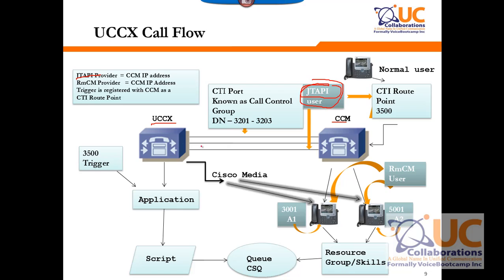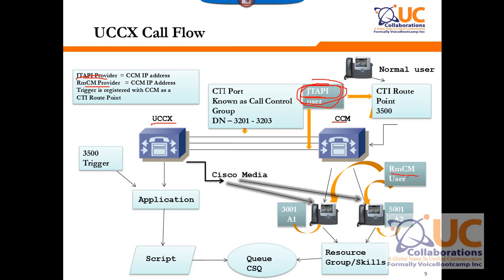During this setup wizard, I'm going to define the IP address of the JTAPI provider and what application username I'm going to create to maintain this communication. So during the setup, I'm going to define two usernames. One is called JTAPI user, one is called RMCM user. JTAPI user is going to be responsible for monitoring and controlling the communication between these two devices.